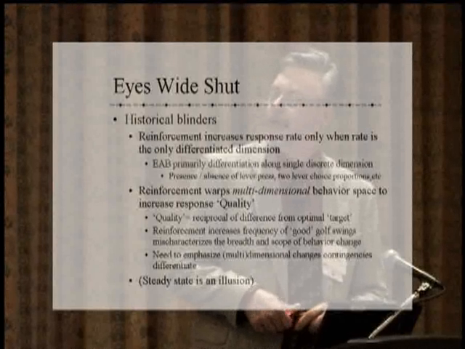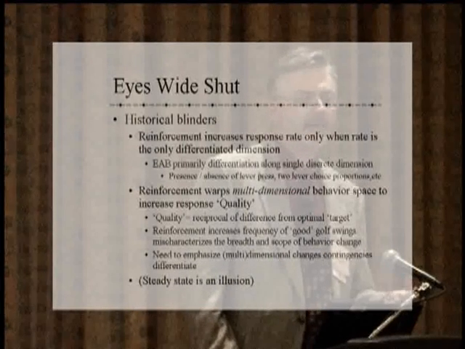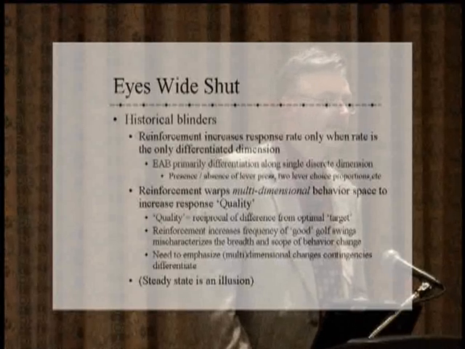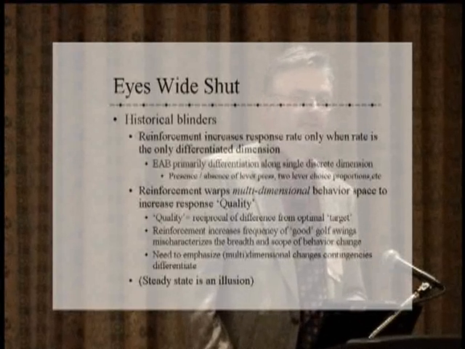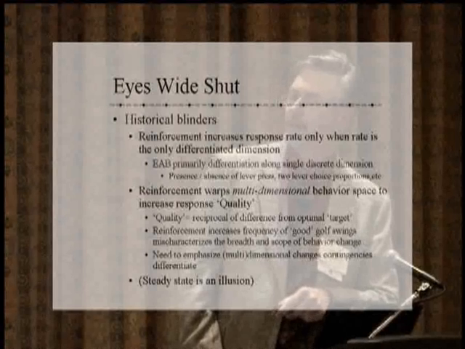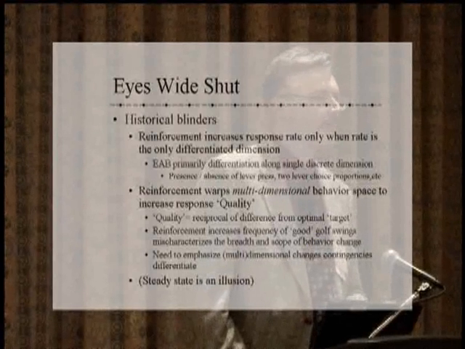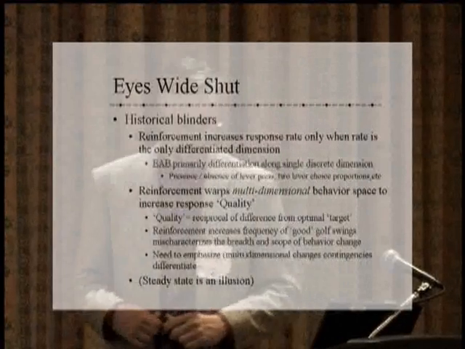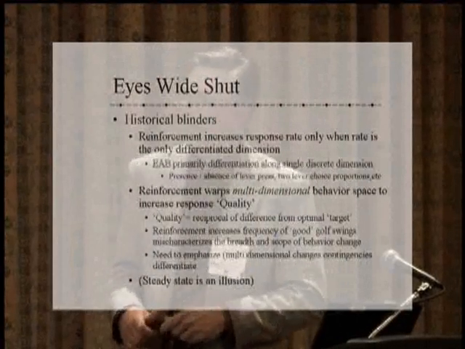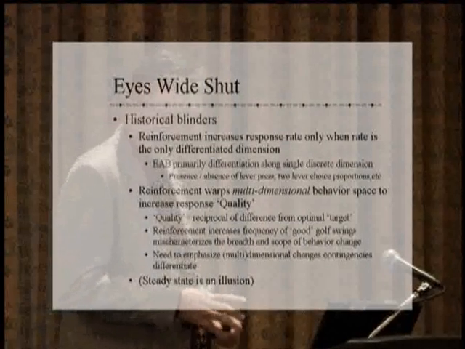And anybody who golfs knows that when you hit the sweet spot on the golf club, your behavior is changed in ways far more drastic than to increase the frequency of good golf swings. Your behavior is changed along multiple dimensions at one time. And it's a mischaracterization of the breadth and the scope of those changes to say that you just increase the frequency or something.